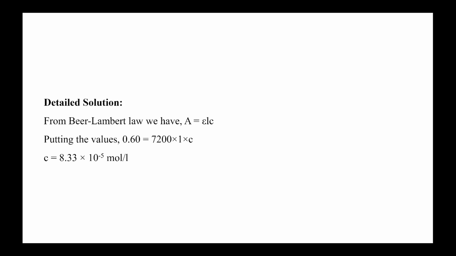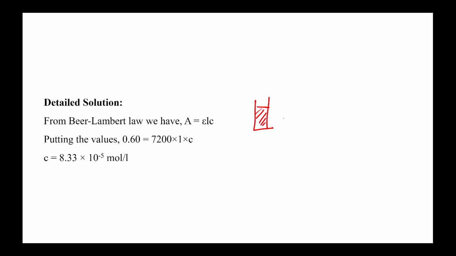Just a second. Let's see if I can explain you. So if we have a cuvette, and we have the sample in this cuvette, we'll put this inside a spectrophotometer.